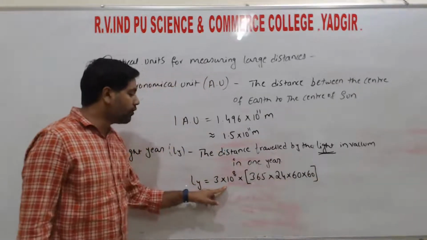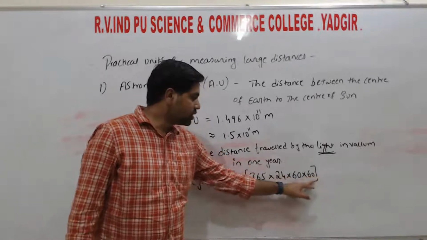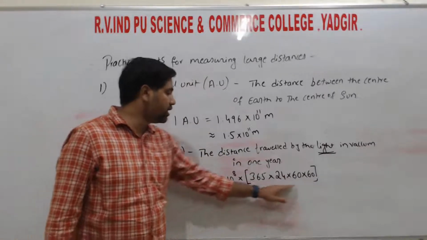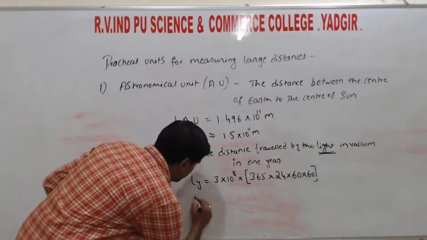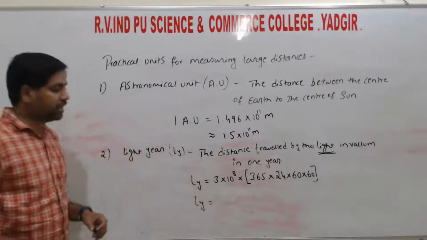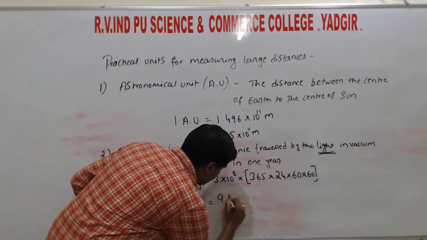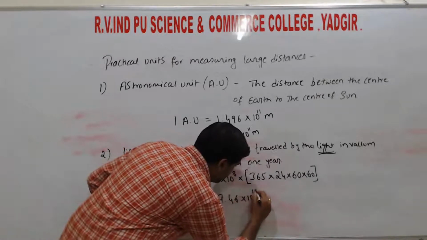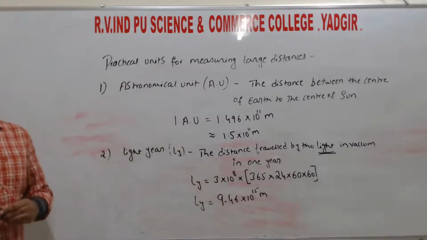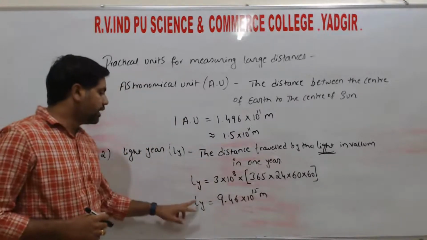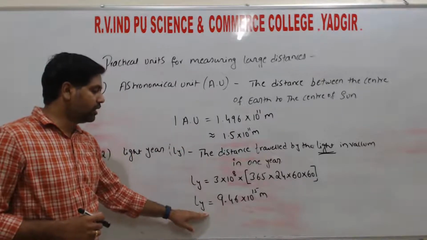So here the unit of velocity is meter per second, and the time is in seconds. So the seconds get cancelled, and this one is in meter. If we simplify this one, we get 1 light year equal to 9.46 into 10 to the power of 15 meter, right? So this one is the astronomical unit, and this one is the light year.